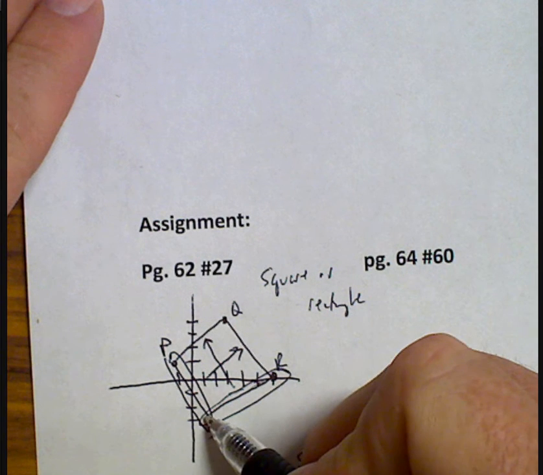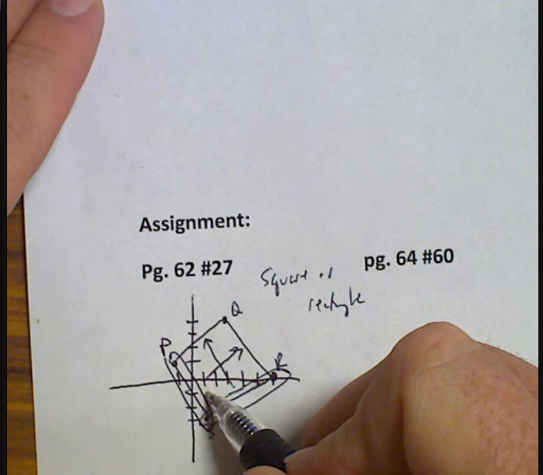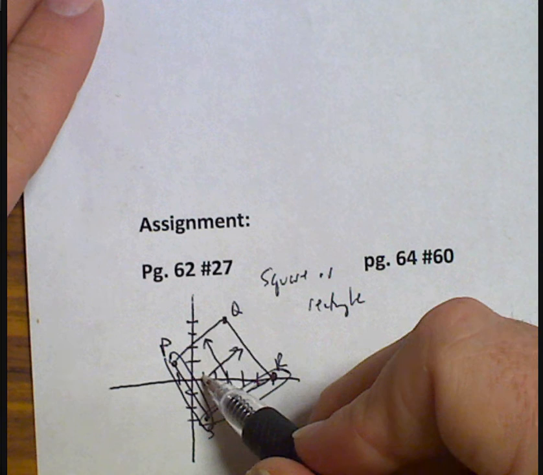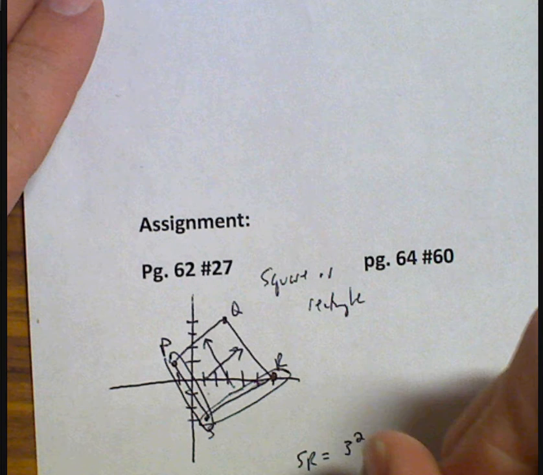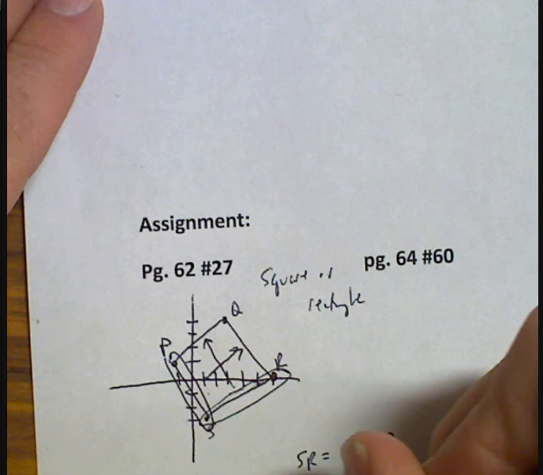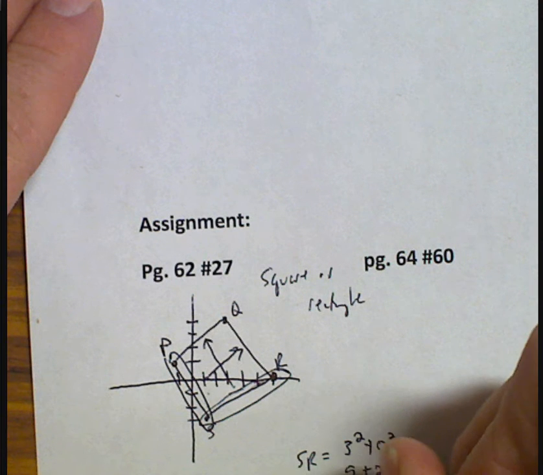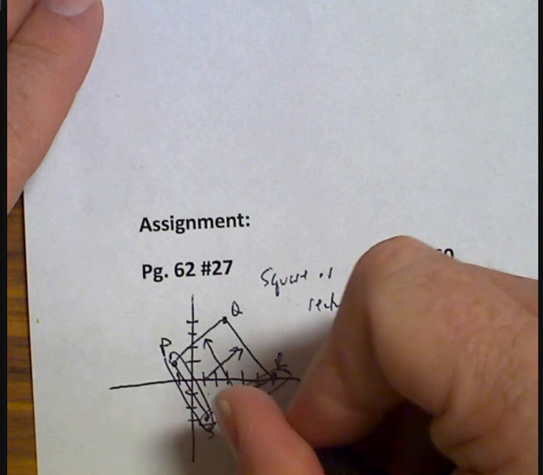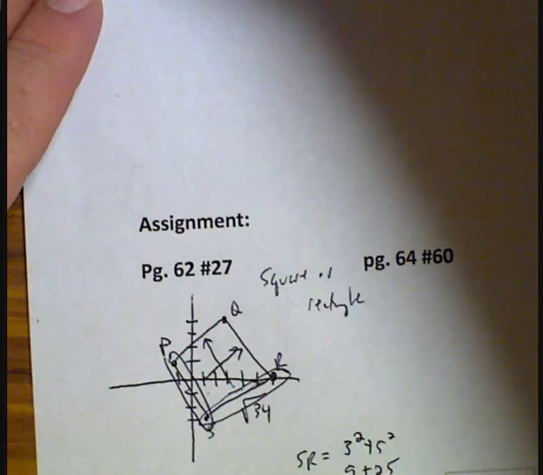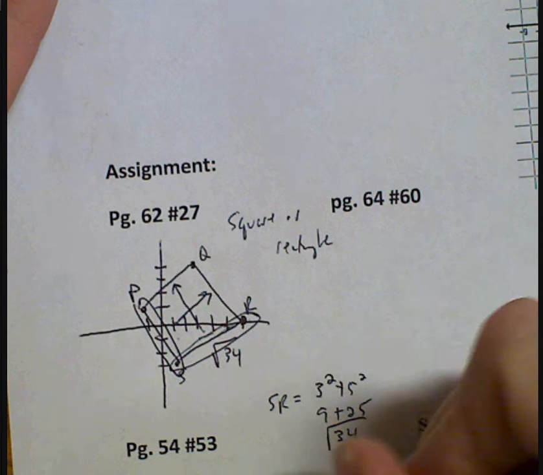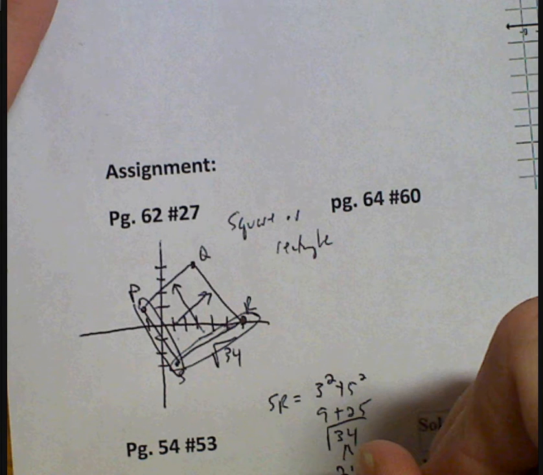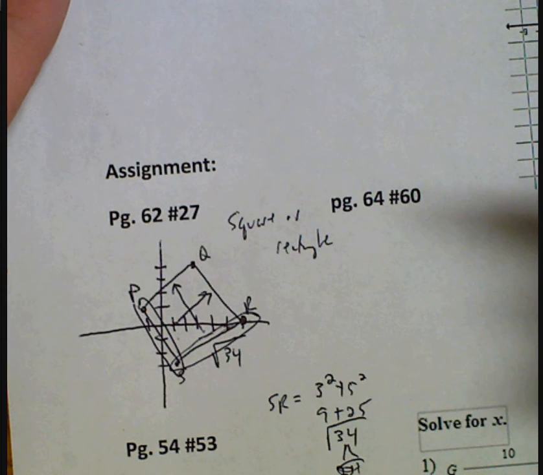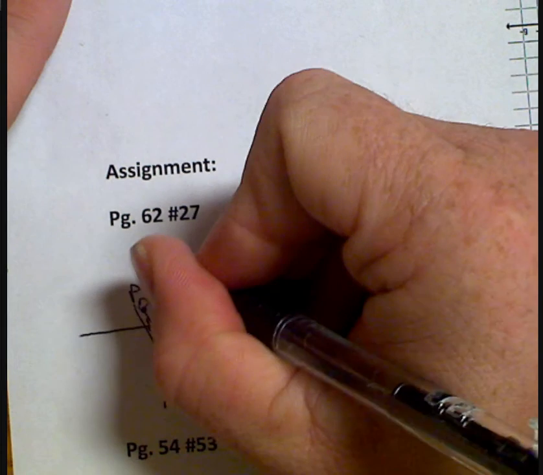S goes up 1, 2, 3, so 3 squared, and then it goes over 1, 2, 3, 4, 5. So this would be 9 plus 25, which is 34, the square root of 34. I could break that down, 2 times 17, but nothing will come out of that. So this side is square root 34.